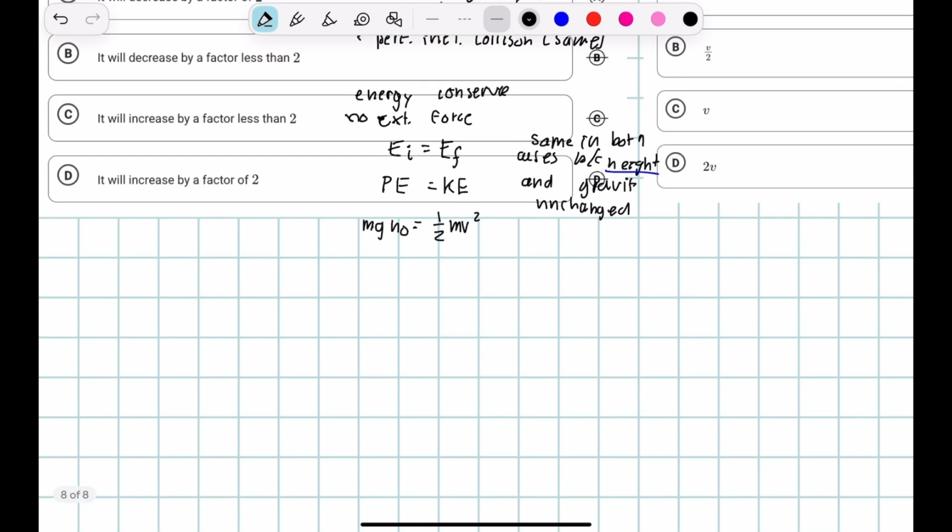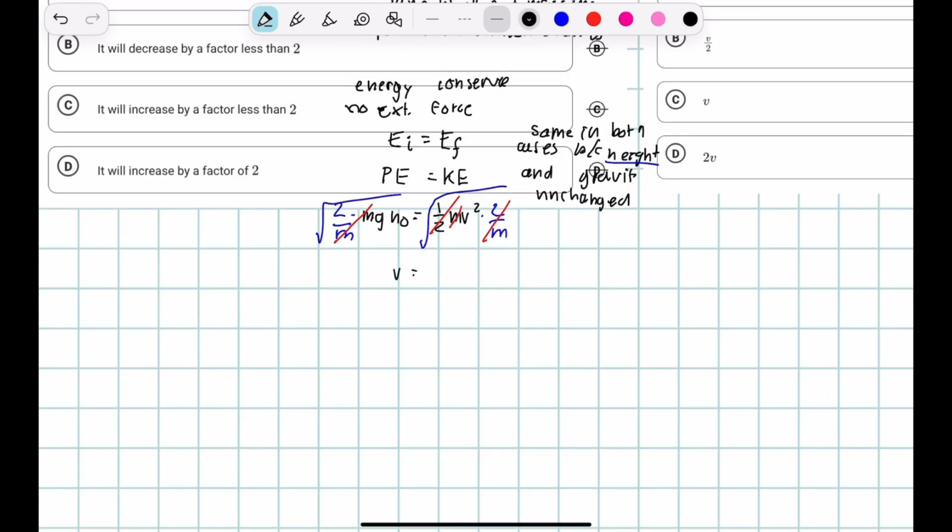Then solving for v, the 2s cancel out, divided by m, the m cancels out, then taking the root, we have that v is equal to the root of 2 times g h initial.